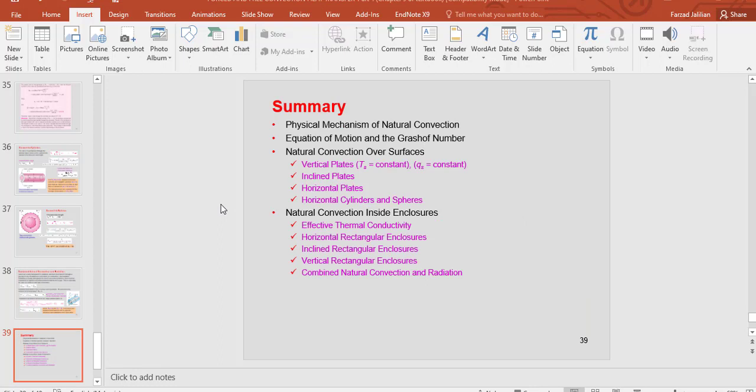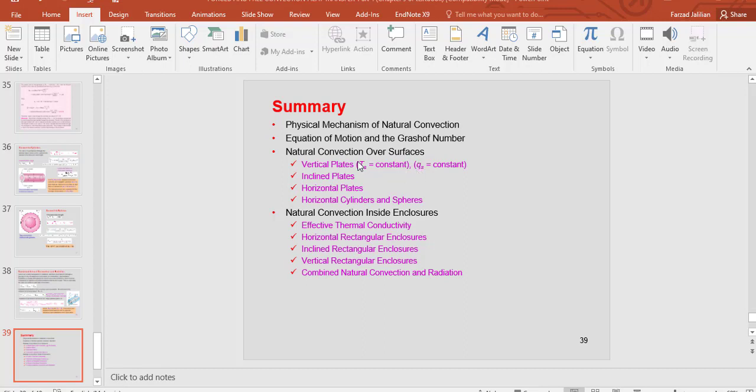convection heat transfer. This is a summary of what we have learned in this chapter: the physical mechanism of natural convection, the equation of motion and the Grashof number, which was important to know if the flow is laminar or turbulent.